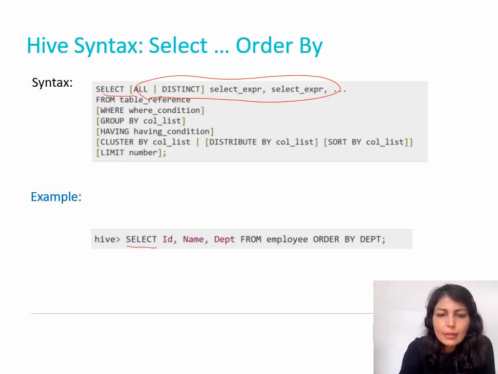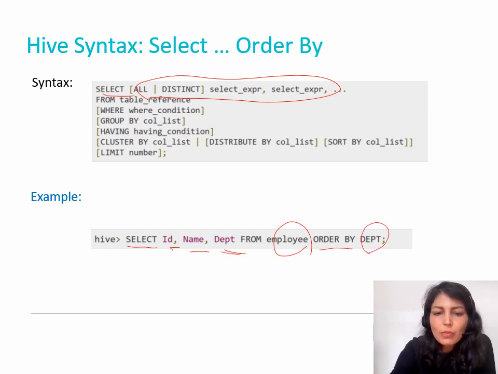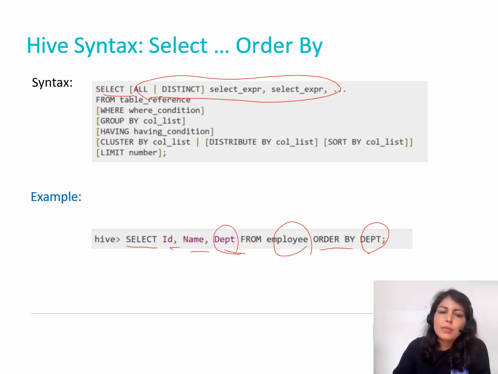I say select ID, name, depth, three columns from employee, which is our table name, and then I say order it based on the depth, which is one of our selected columns. So you will have results for ID, name, and depth, and the results would be ordered by depth.